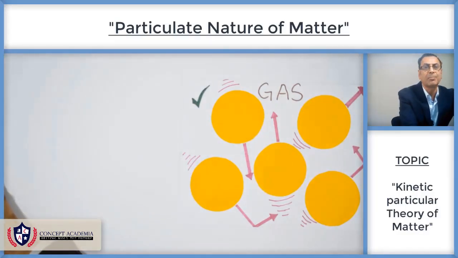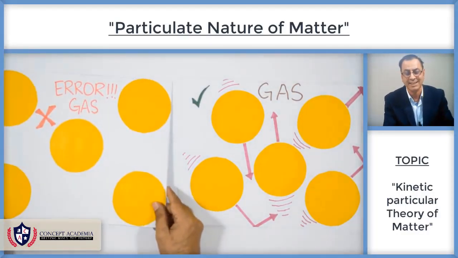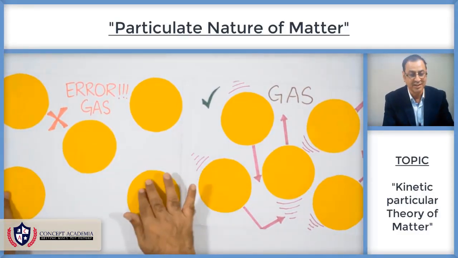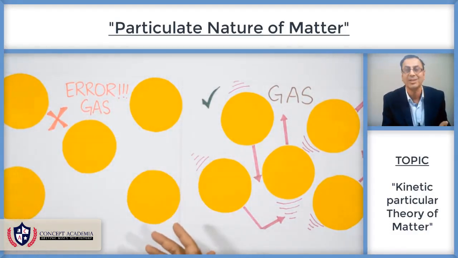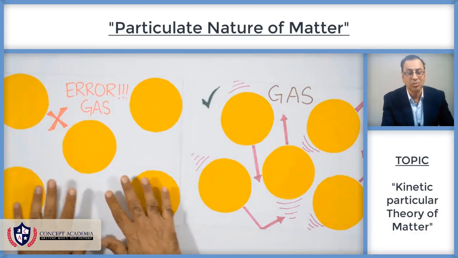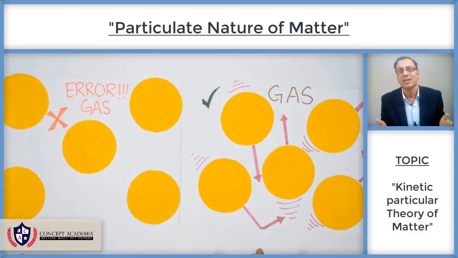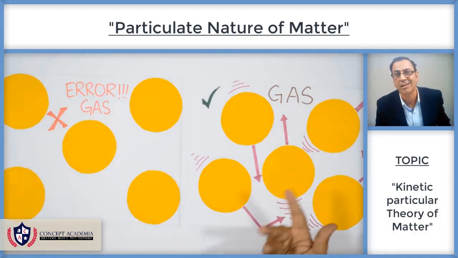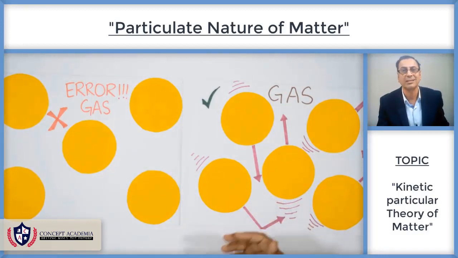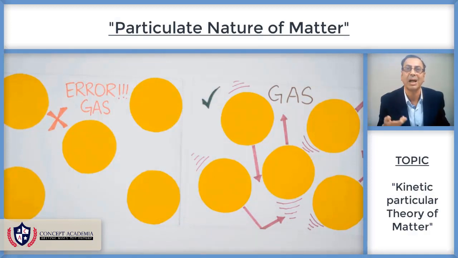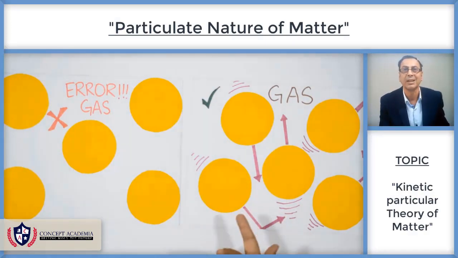But if we show the particles of gases this way, so neatly and orderly arranged, this is wrong. We should take care of this, because in the exam it is asked to show the model of gases, liquids and solids according to the kinetic particle theory. So we must take care of these things.